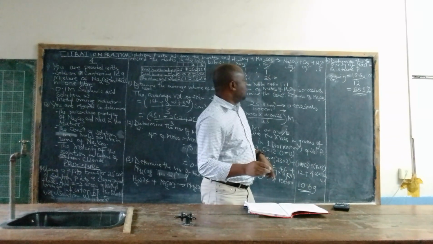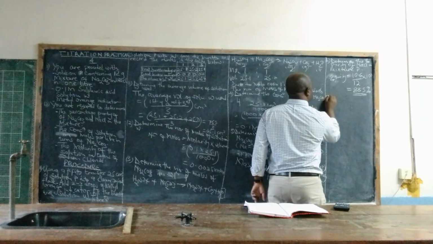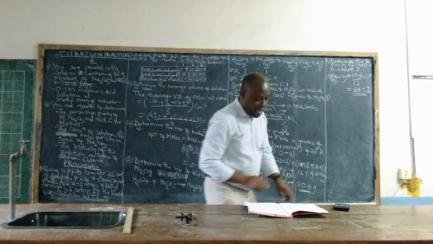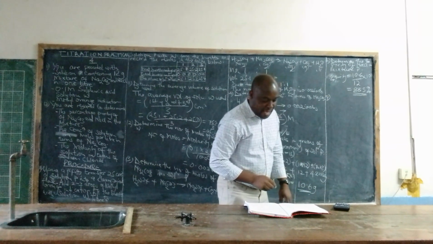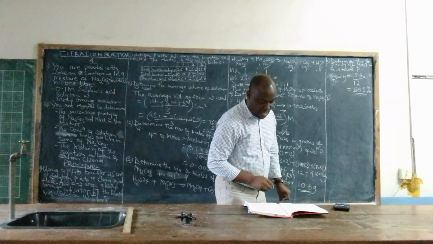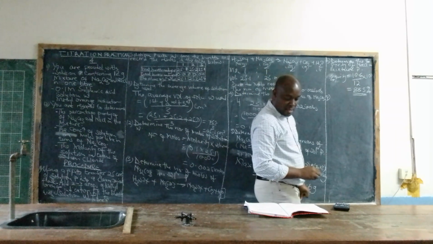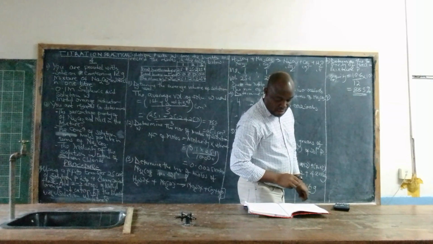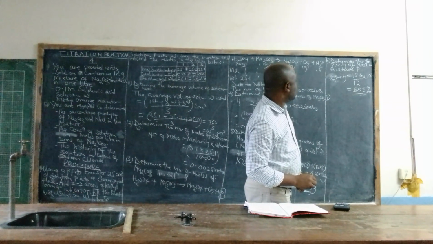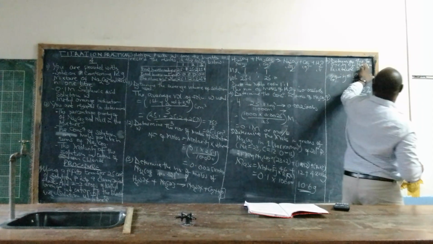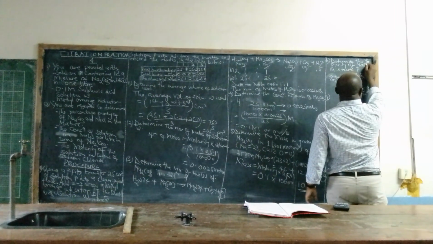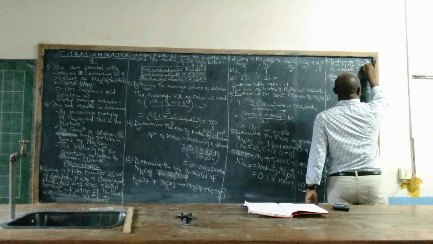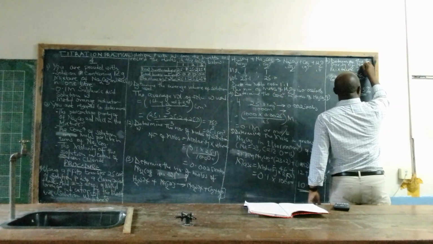Then question number 7. We are being asked to determine the percentage purity of sodium chloride in mixture P. Sorry, the previous one is supposed to be sodium carbonate.